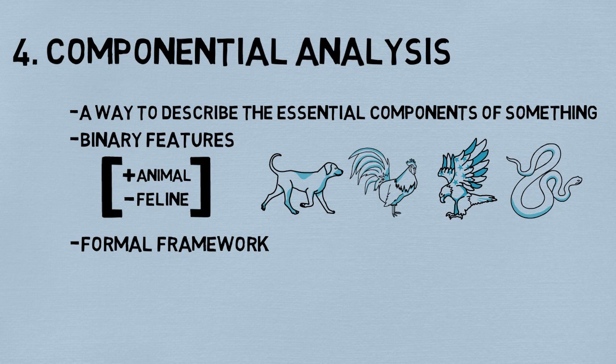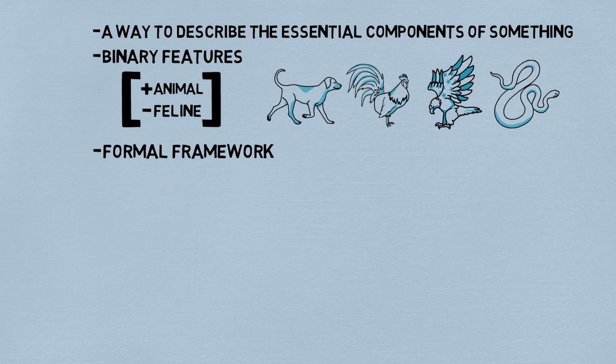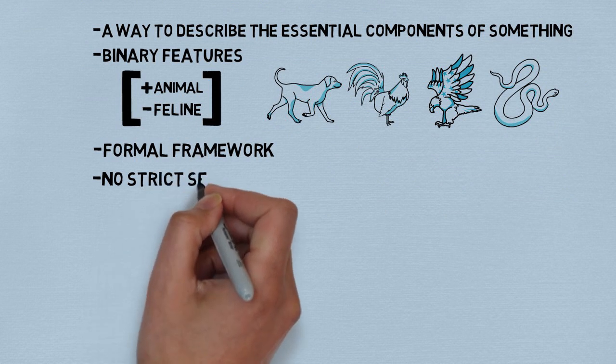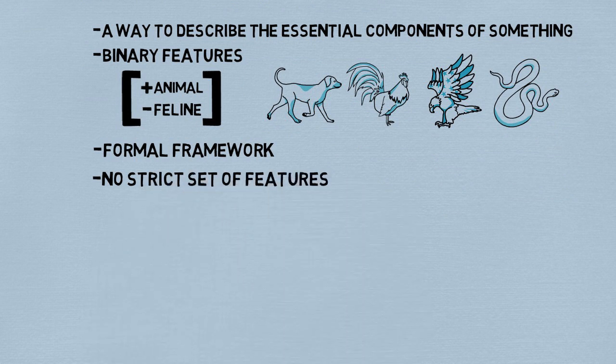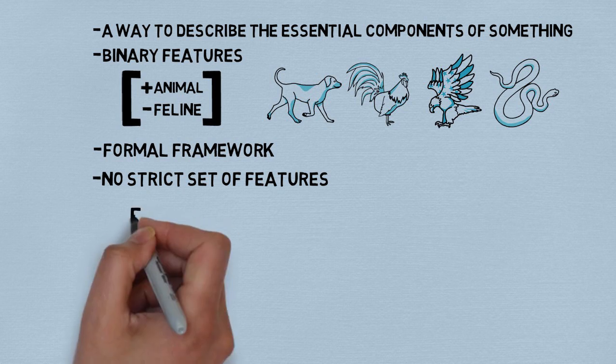We will see a similar form of framework in the syntax unit, but for now, what matters is that componential analysis uses binary features, plus or minus something, within brackets to describe something. There is no strict set of features that you can or cannot use, particularly for this class. As long as you make them binary, you will get the mark.